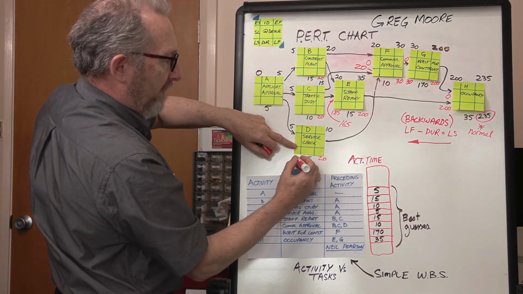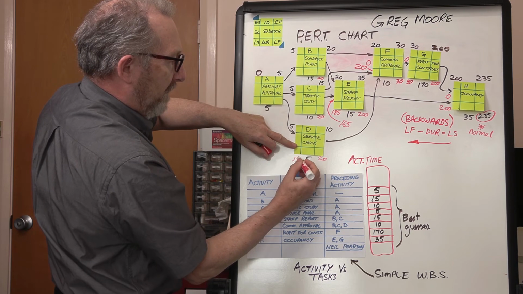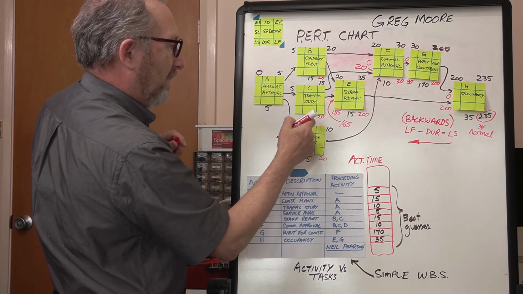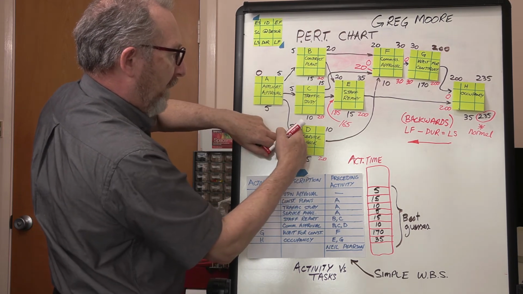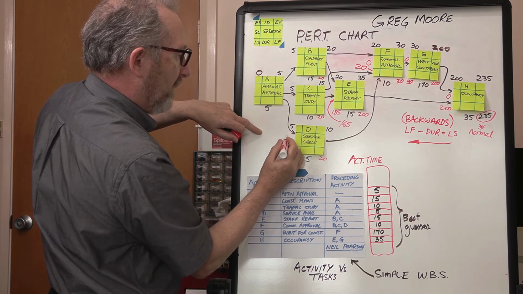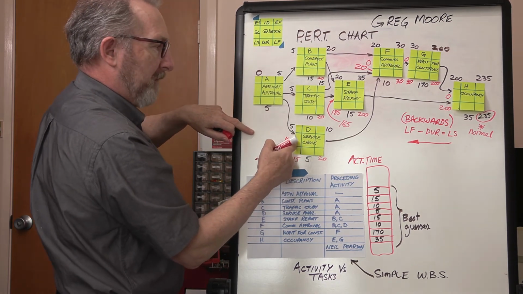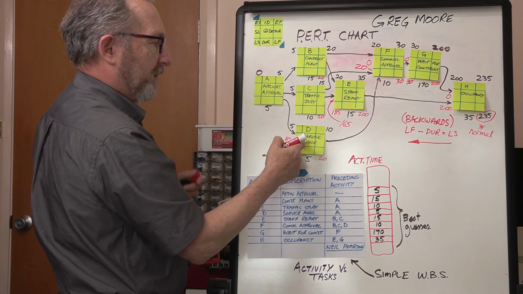20 minus 5 is 15. 15 minus 5 is 10. I've got some slack time in this square here. Service check.